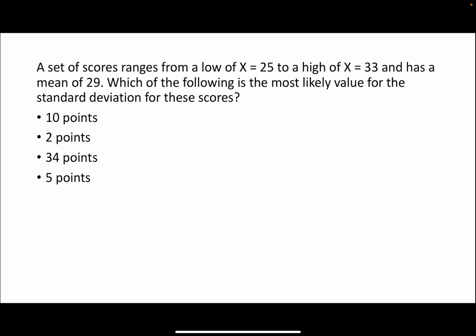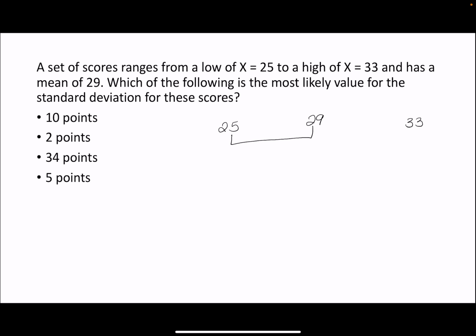So a set of scores ranges from a low of 25 to a high of 33 and has a mean of 29. Which of the following is most likely the standard deviation for these scores? The way you've got to think about this is that your mean is your middle score, right? And you have a low score here at 25, you have a high score here at 33.